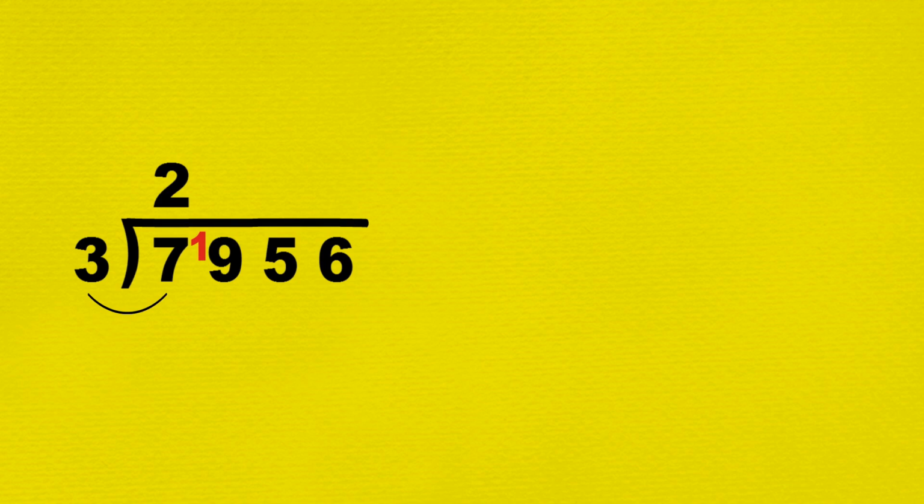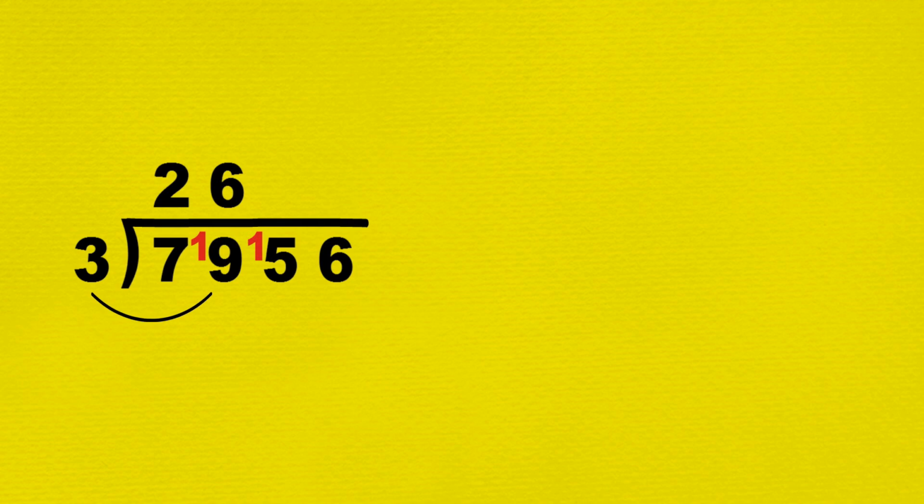So then next we divide 3 into 19, not just 9. 3 into 19 goes 6 times and 1 left over. The 6 is put above the line, above the 19, and the leftover 1 is put in front of the 5 to make it 15.